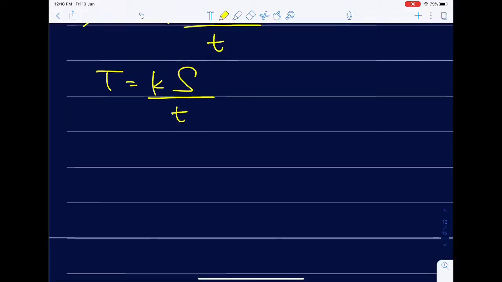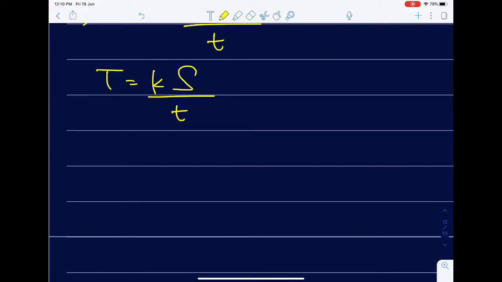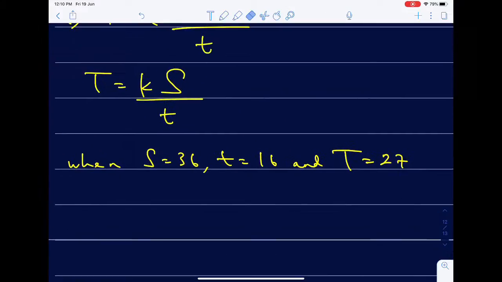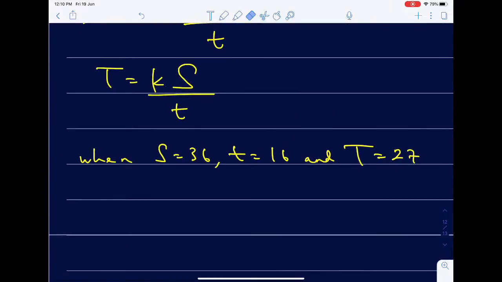And now when S equals 36, small t equals 16, and big T equals 27. I would like to find K before writing this.